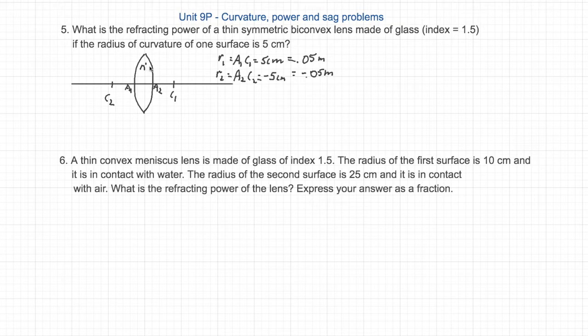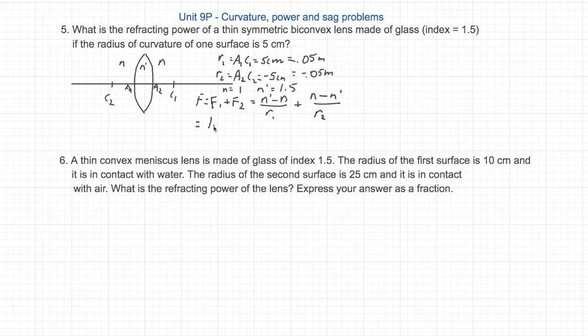Symmetric biconvex lens. So, at the first surface, n is 1, air, n prime is 1.5. We have the total power of this lens is the power of the first surface plus the power of the second surface. So the power of the first surface is n prime minus n over r1. The second surface, it's the second index minus the first index.